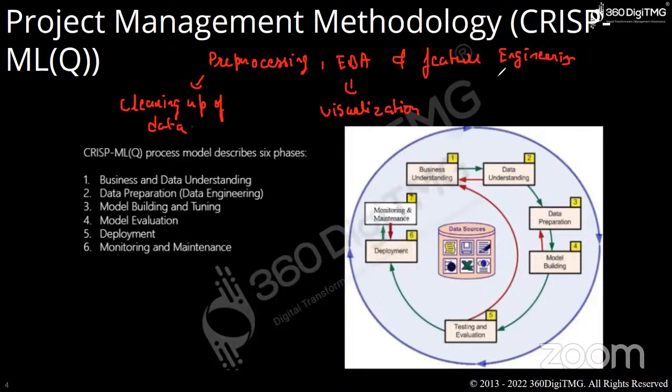And then finally, we have feature engineering, where we try to select the best features, your features that will give you the best possible output. That selection is done in feature engineering. So this is step 2. So far, we have only worked with data. We have not done any model building yet. That will come in step 3.